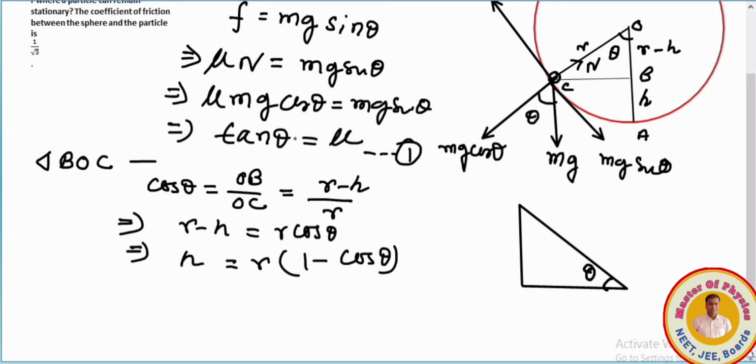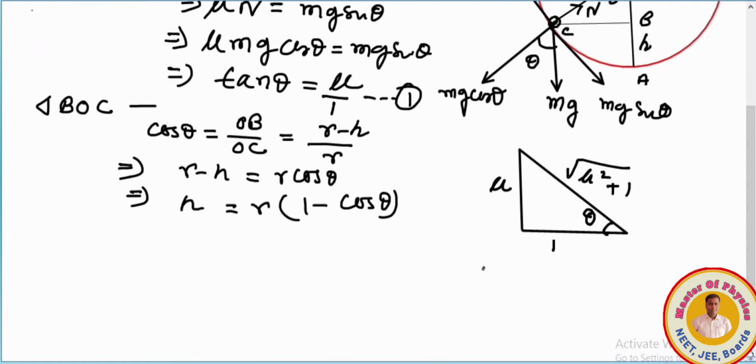Here tan theta equals mu, that is tan theta equals perpendicular by base. Here the perpendicular is mu and the base is 1. Then the hypotenuse is root over mu square plus 1.